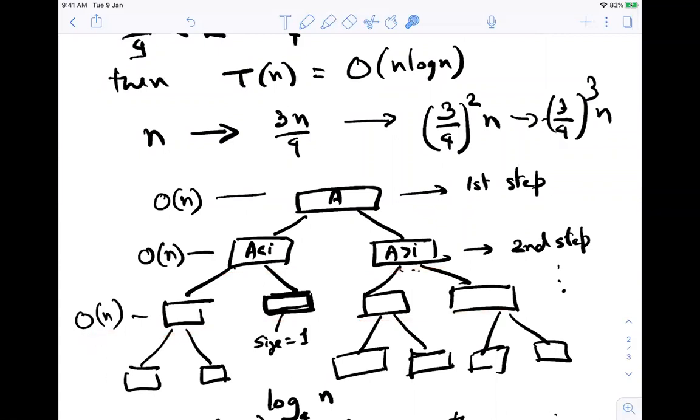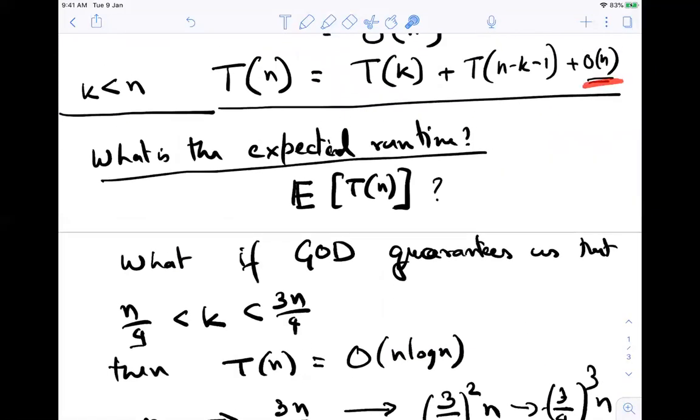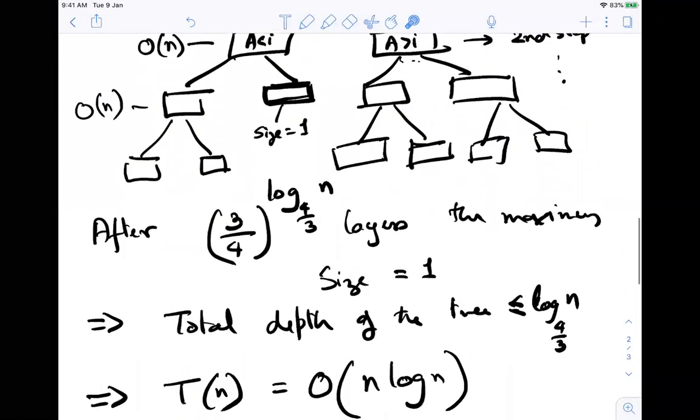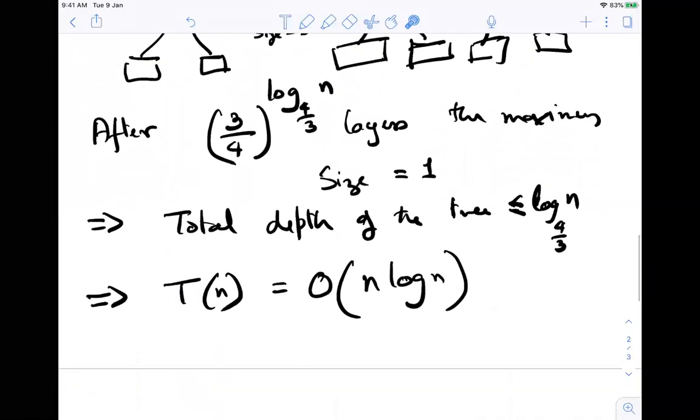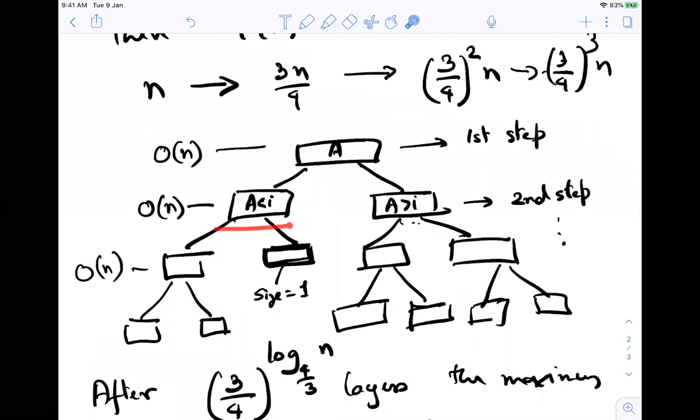Okay, sir. So this is if it was n squared. But since we have order n, we have no problem, because order k plus order n minus k is actually order n.